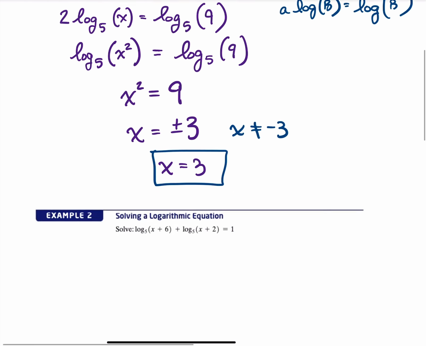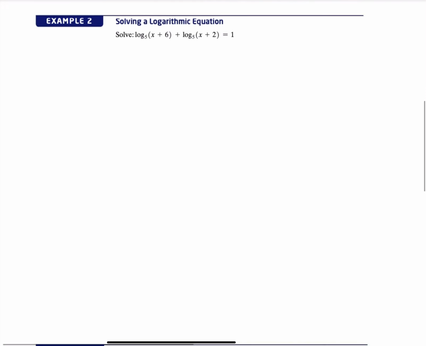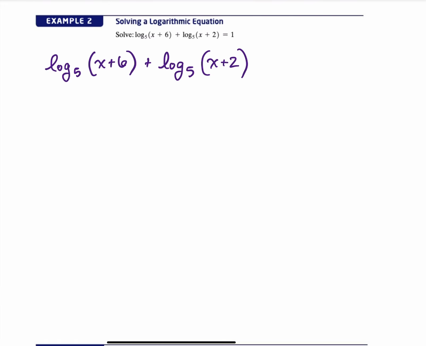Let's see another example. Here we have log base 5 of x plus 6 plus log base 5 of x plus 2 equals 1. What can we do?